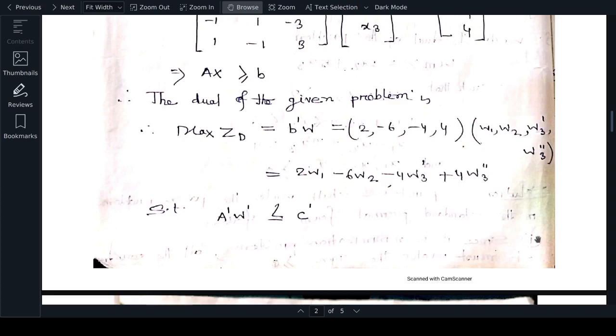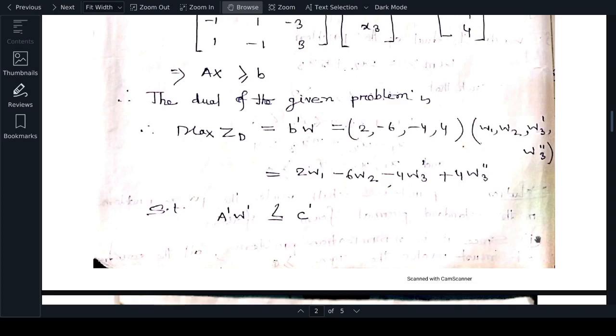So row wise you see 1, minus 2, minus 1, 1, then 1, minus 1, 1, minus 1, then 0, minus 6, minus 3, 3, and this is multiplied by w1, w2, w3 dash, w3 double dash. Then this part will be the coefficients of the objective function.